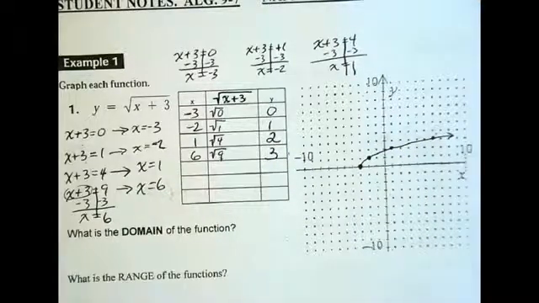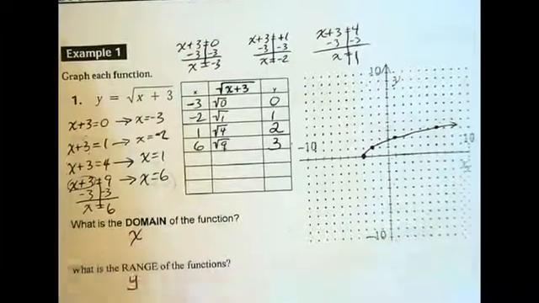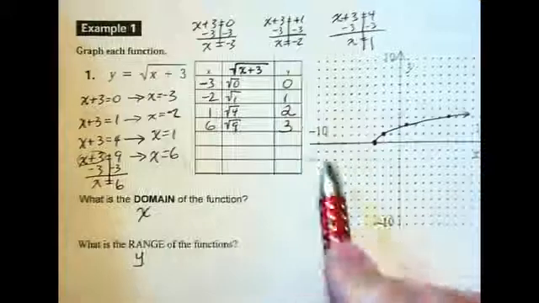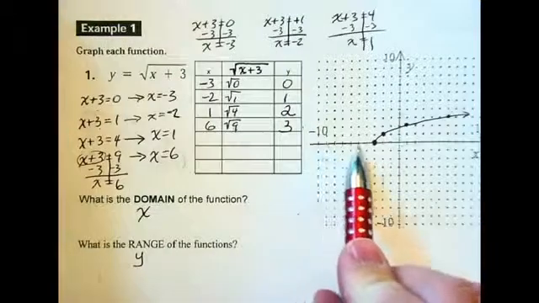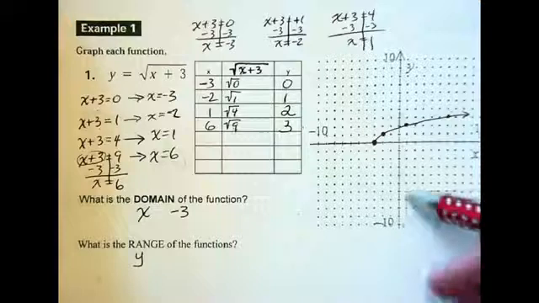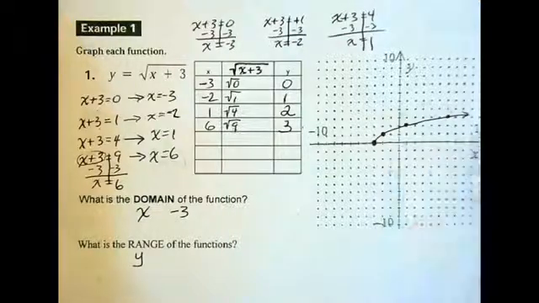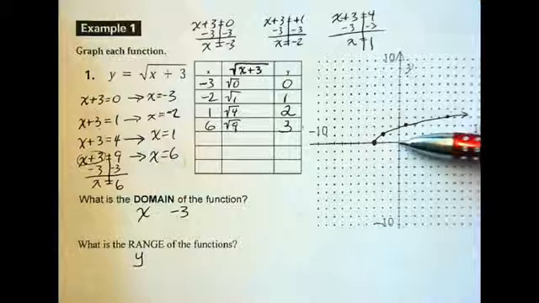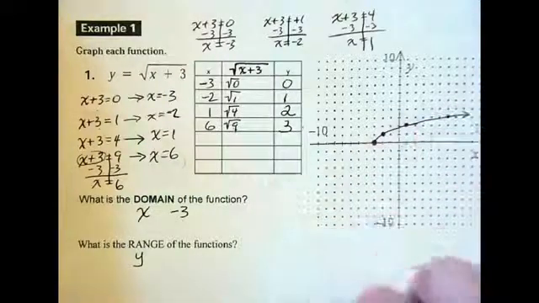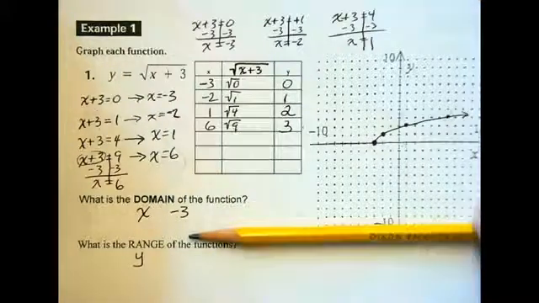Okay? So that brings us back to our domain and range, our x and our y. Where does our graph start at for x? -3. Where does it start at on the y-axis? 0. If we follow our y up, it starts right here. So think of this pencil as y equals -10.